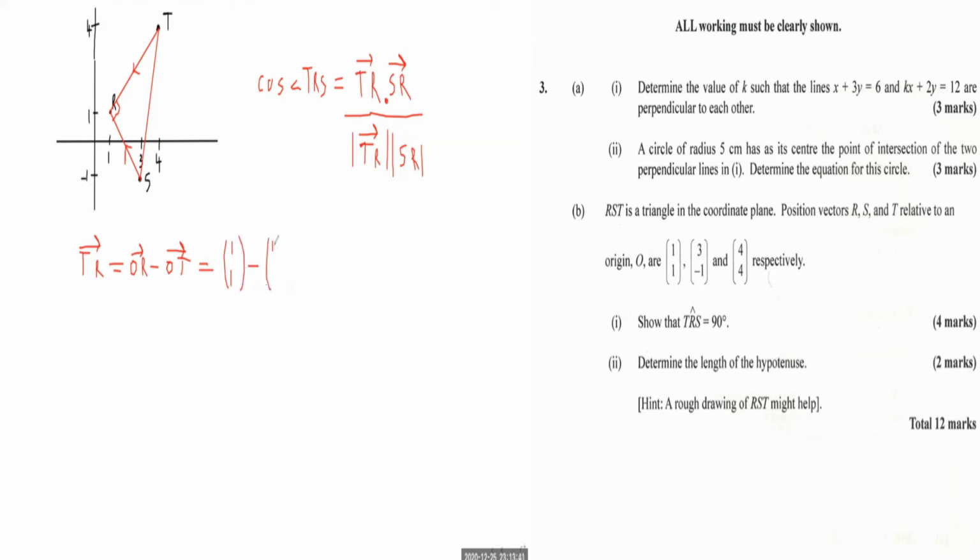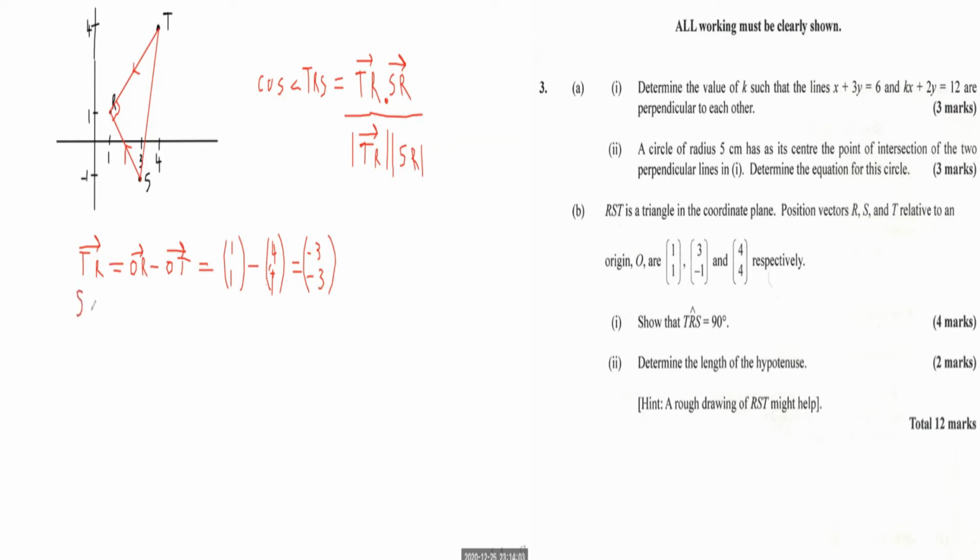So (1, 1) minus (4, 4) is (-3, -3). That's vector TR.